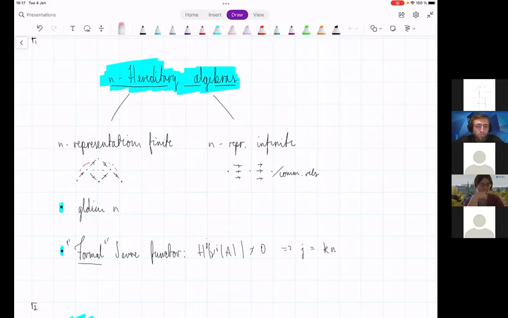For the n-representation finite ones, for each indecomposable projective, there's some non-positive power of the Serre functor carrying that indecomposable projective to an indecomposable injective. But for the n-representation infinite algebras, this never happens, and that characterizes them.